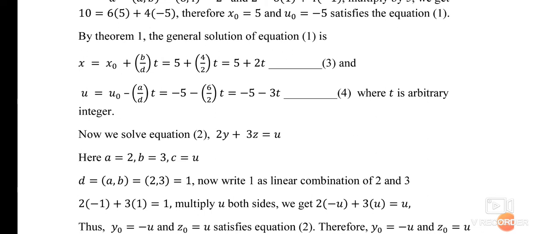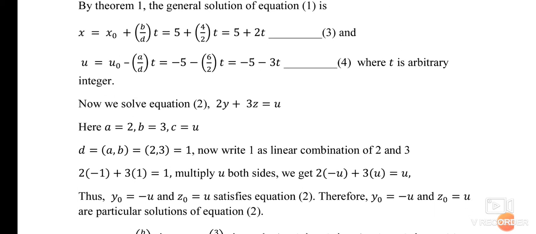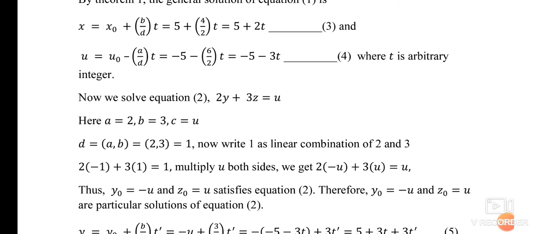Here a equal to 2, coefficient of y, b equal to coefficient of z, which is 3, c constant term, which is equal to u. GCD of a, b, GCD of 2, 3, is 1. So, now write 1 as a linear combination of 2 and 3. We can write 1 as 2 into minus 1 plus 3 into 1.